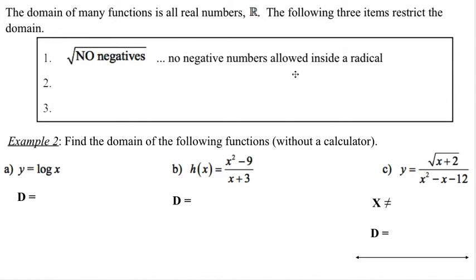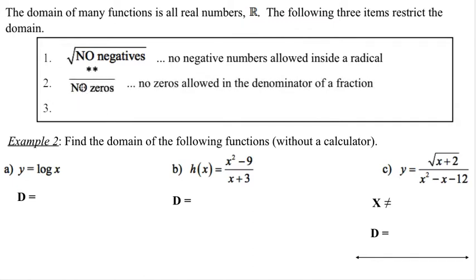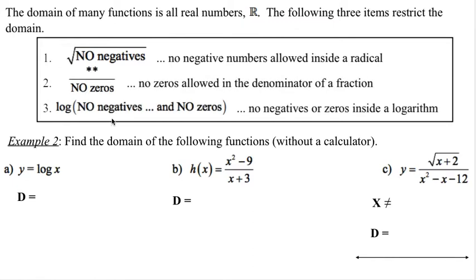So no negative numbers are allowed inside of a radical. Remember, we're in the real number system. We've been talking about complex numbers, but those are outside of the real number system. No zeros in denominators; we can't divide by 0. And then this one's probably not as familiar to you: no negatives or zeros in logarithms.